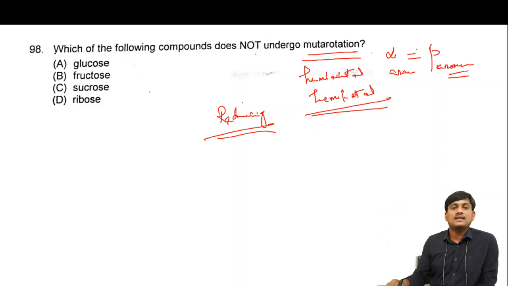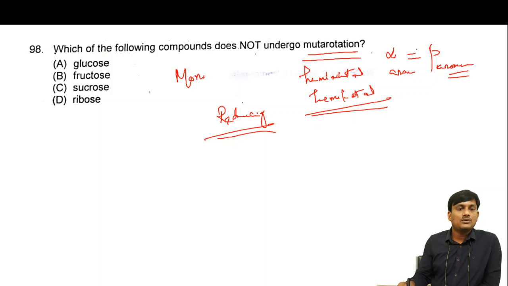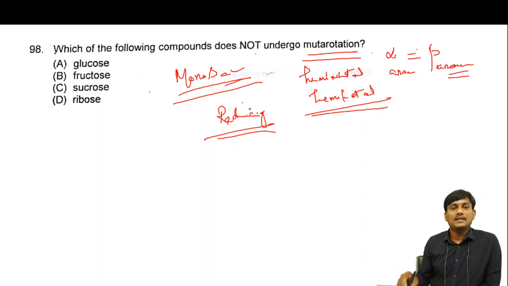For this, what is the condition? There should be a hemiacetal or hemiketal form. In monosaccharides, the structure is hemiacetal or hemiketal. In the case of sucrose, it's a disaccharide, there is no hemiacetal or hemiketal form. This one has an acetal form.